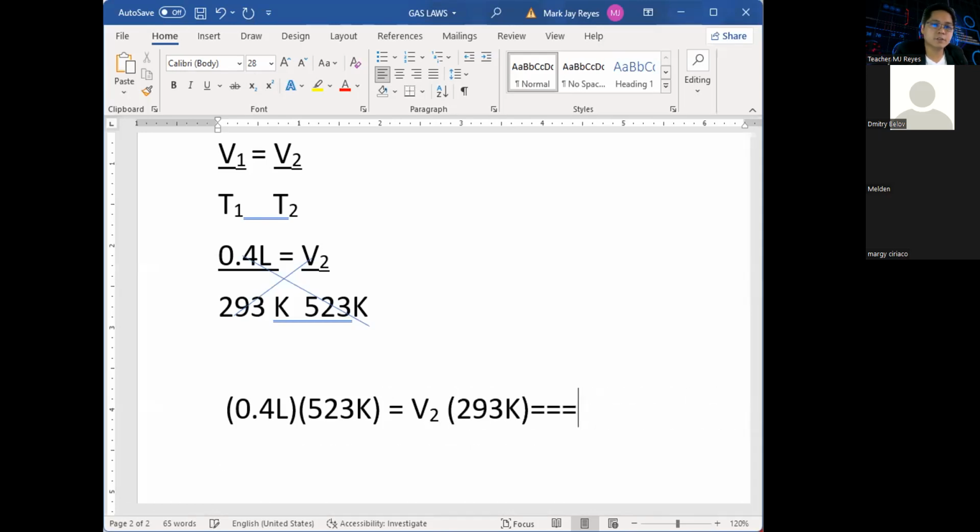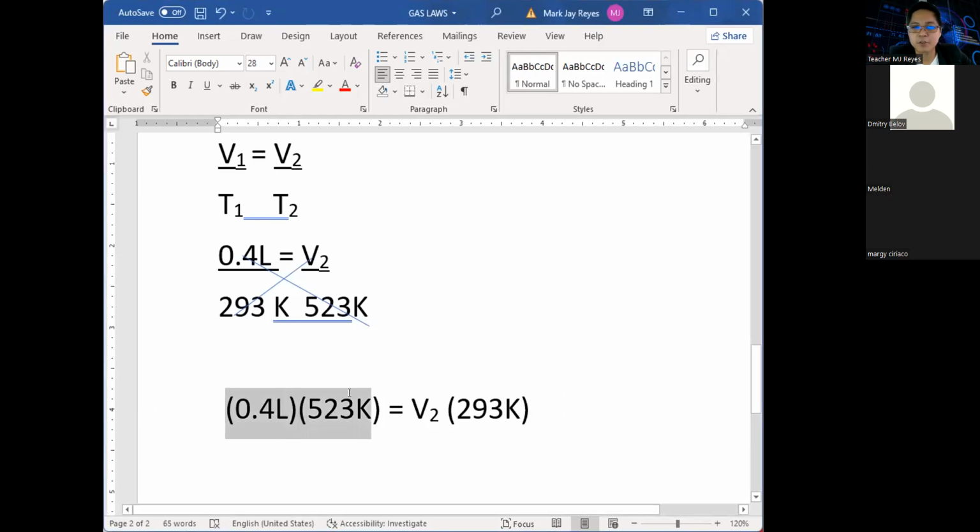What should be done next in order to isolate V2? You're done with cross multiplication. We need to isolate, we need to extract V2 in the calculation there. What should be done next? This is basic mathematics.